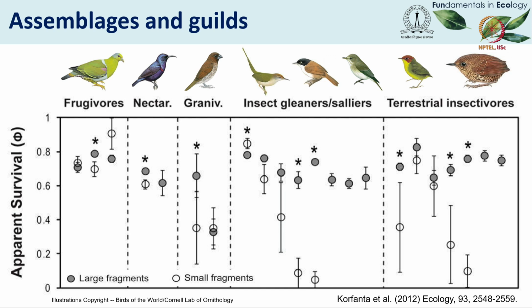And that would be the guild of cavity nesting species. And so you could say, I have reason to believe that cavity nesting species as a guild would be more or less vulnerable to a certain alteration in the habitat than a set of species that does not need cavities to nest in.